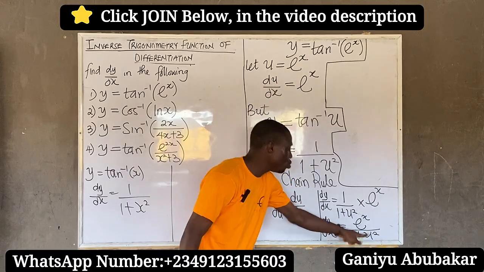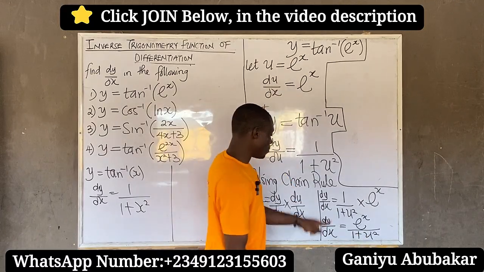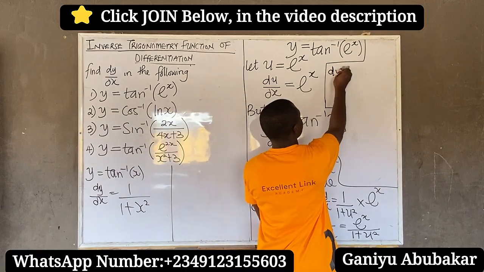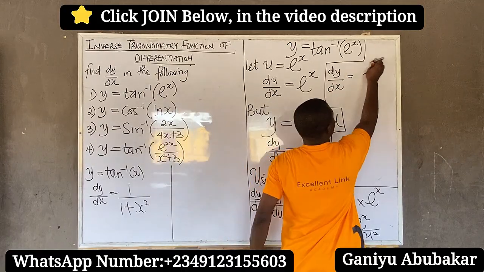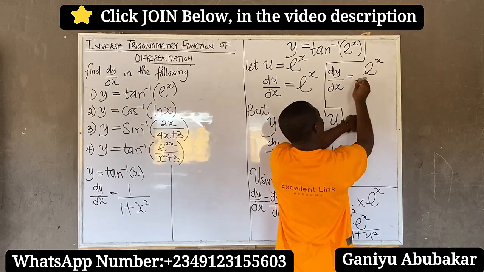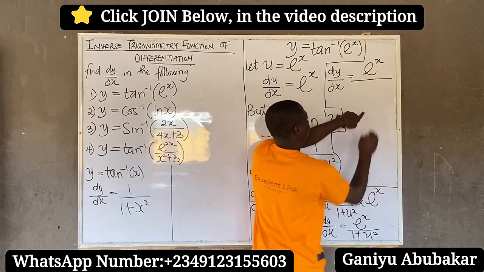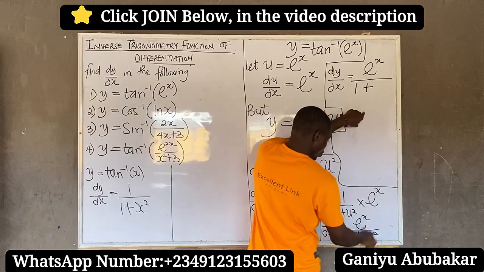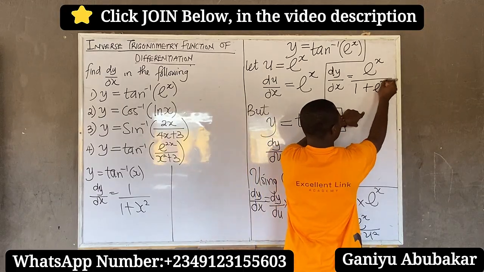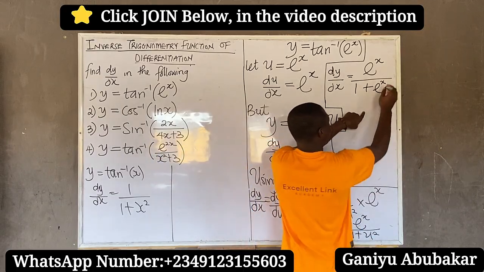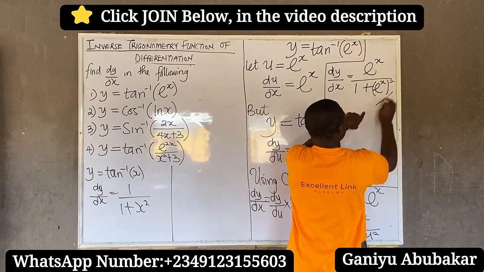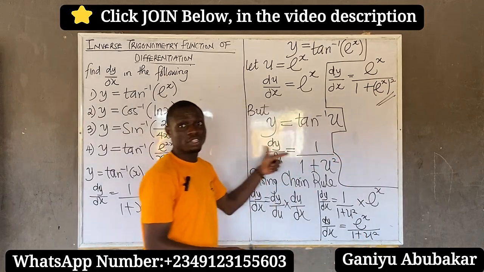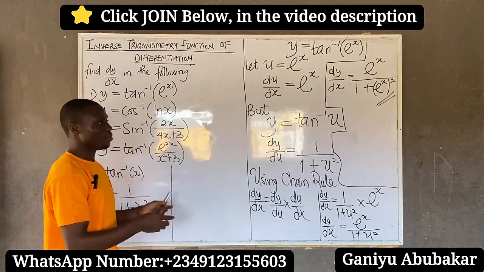So I'll replace u with exponential x. My final answer becomes dy dx equals exponential x all over 1 plus u, which is exponential x, and by the way, I have a square there. You now take a square of that. So this becomes your answer to this particular question.